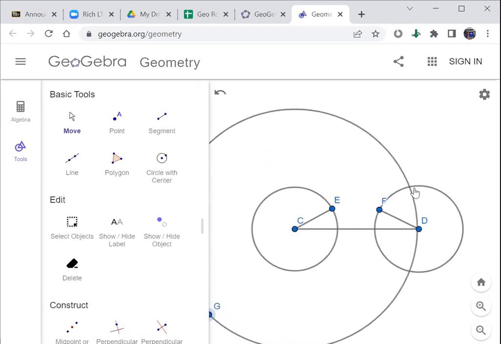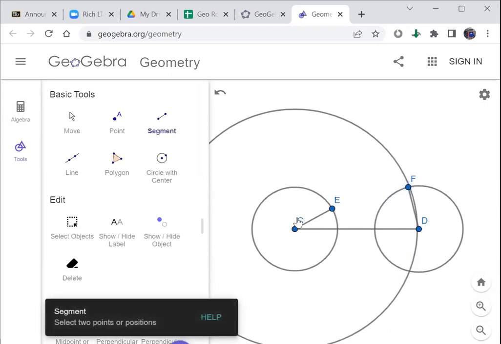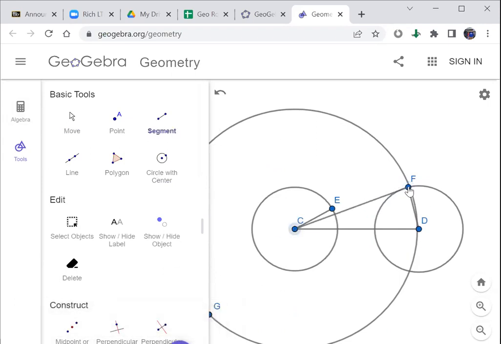Wherever that point, I'll call it F, is, there will be at least one instance where it corresponds with the radius of the other circle. So I can connect based off of that radius and come up with a triangle.